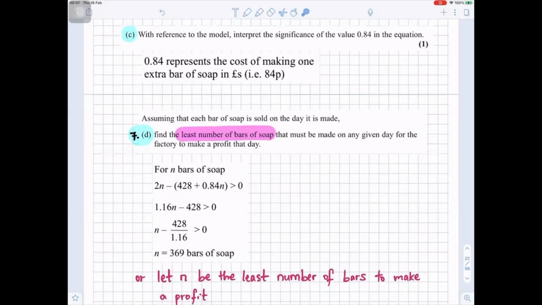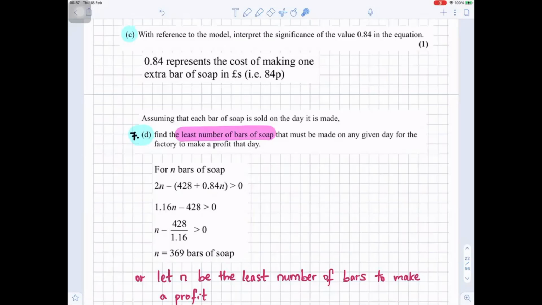Assuming that each bar of soap is sold on the day it is made, find the least number of bars of soap that must be made on any given day for the factory to make a profit that day. So if you have n bars of soap, so 2n minus (0.84n plus 428) should be bigger than 0. So you remove the bracket.